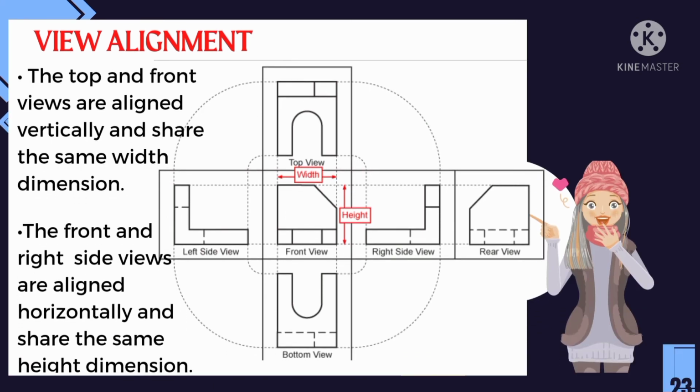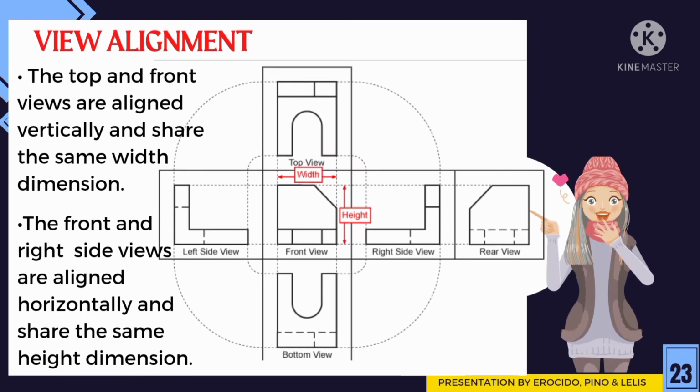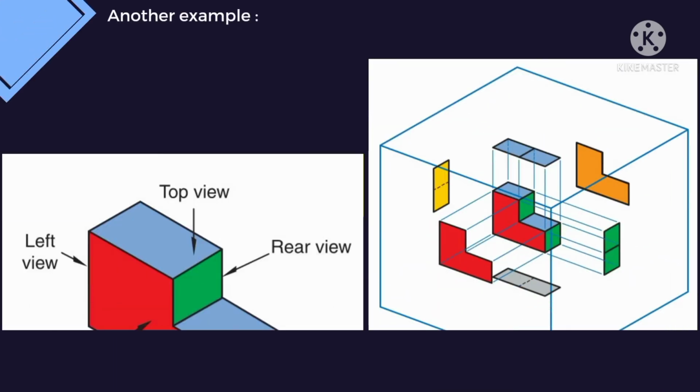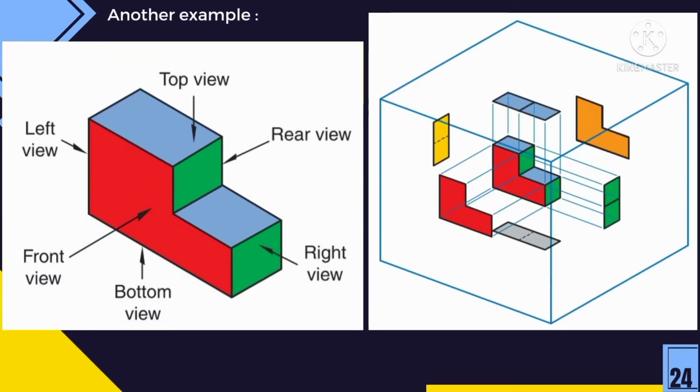In view alignment, the top and front views are aligned vertically and share the same width dimension. The front and right side views are aligned horizontally and they share the same height dimension. So let's move forward and see another example of orthographic projection.